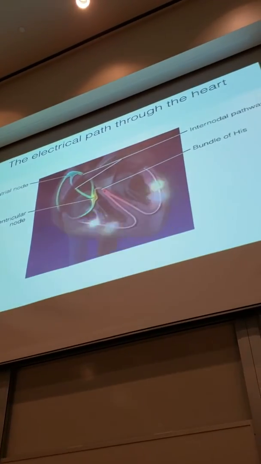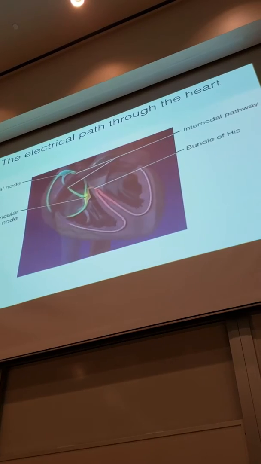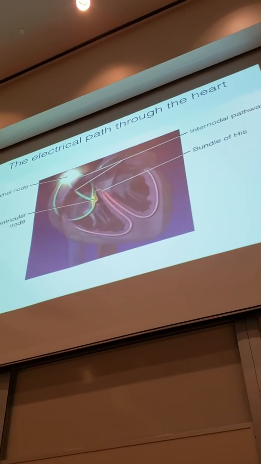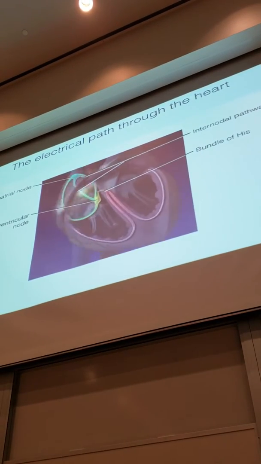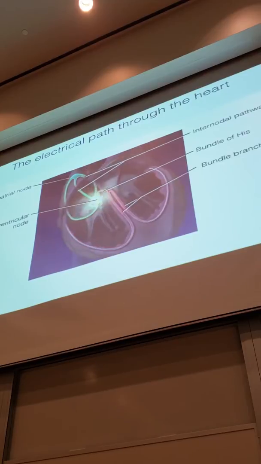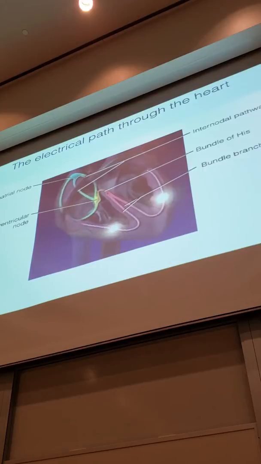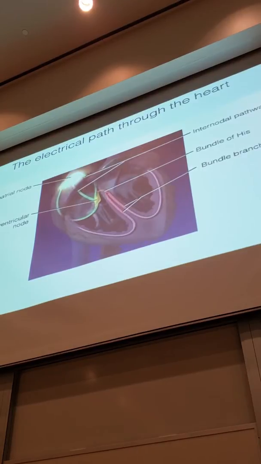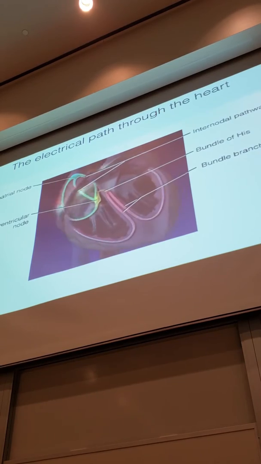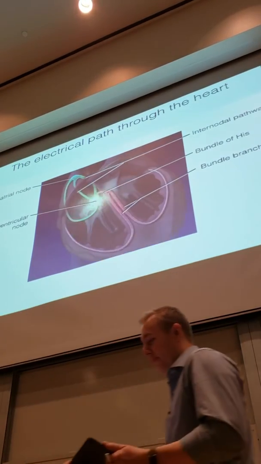And then after the AV node, we have a group of cells that are called the bundle of His. All right. Bundle branches, there are two, right and left, that run down which part of the heart? What do you call that? Sort of meet down the middle. Interventricular septum, okay?